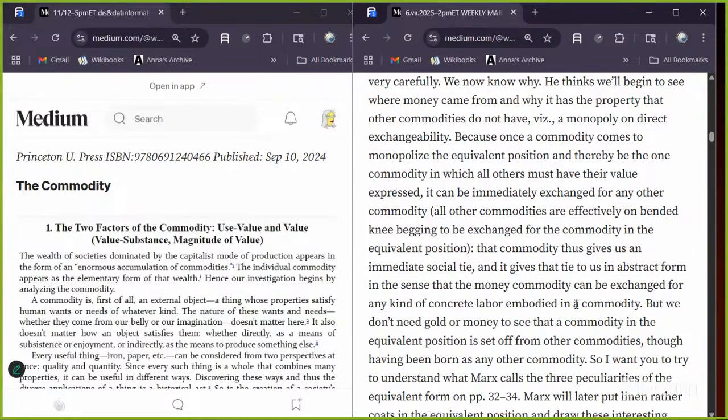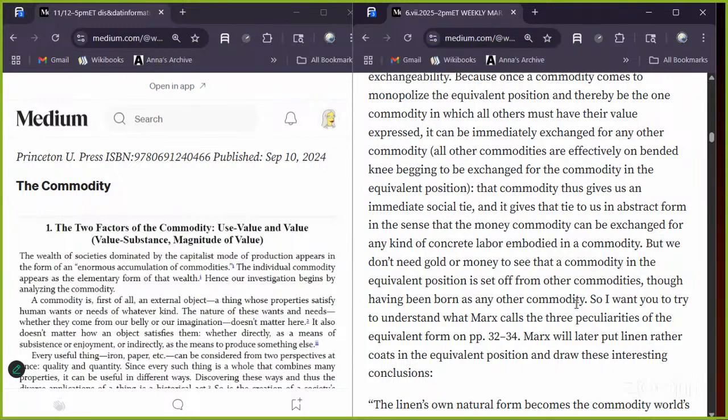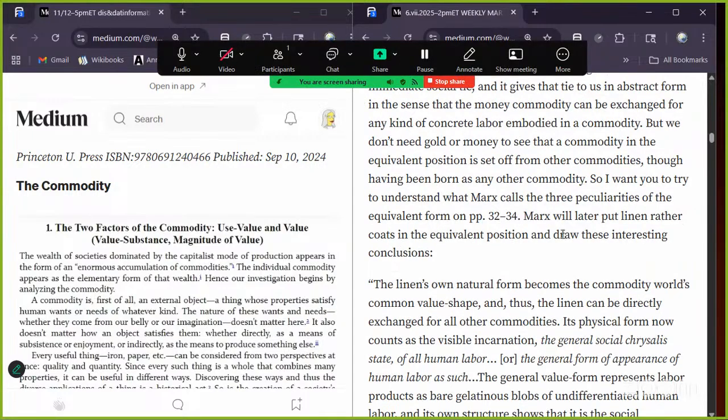So he wants you to try to understand what Marx calls the three peculiarities of the equivalent form on pages 32 to 34. Marx will put later linen rather than coats in the equivalent position and draw these interesting conclusions. Quote, this is Marx.